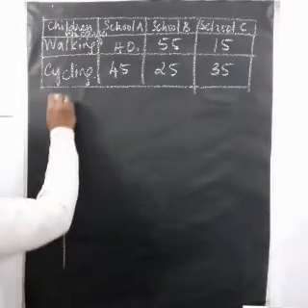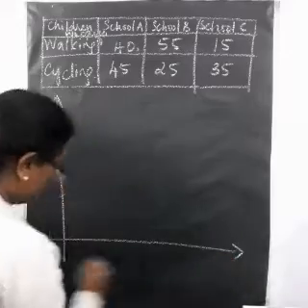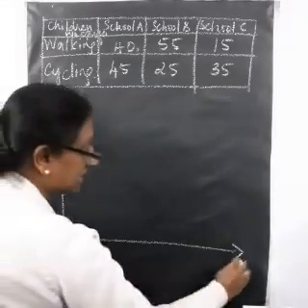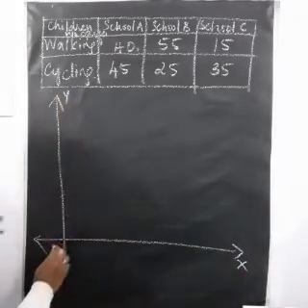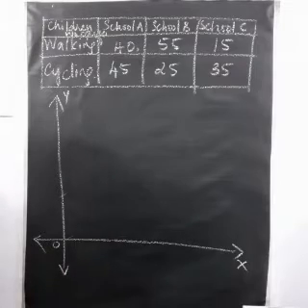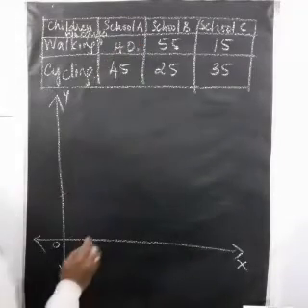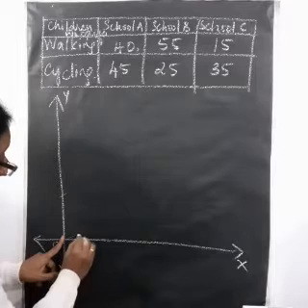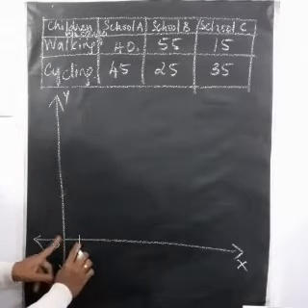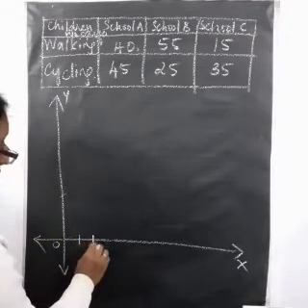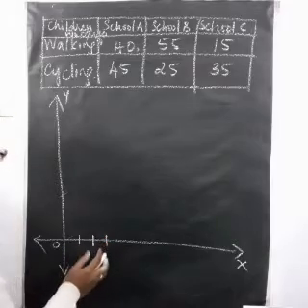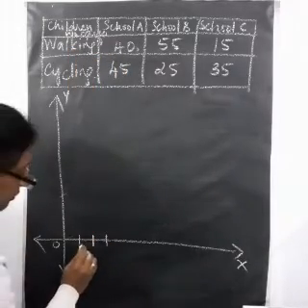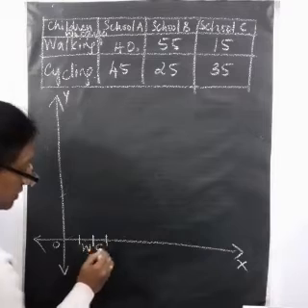As usual, draw the x-axis and the y-axis. This is the x-axis, this is the y-axis, and the origin 0. Now, school A, as usual, you leave 1 centimeter empty and then come on to the next centimeter. Now in this, there are two activities. So this I'll keep for walking and this I'll keep for cycling.